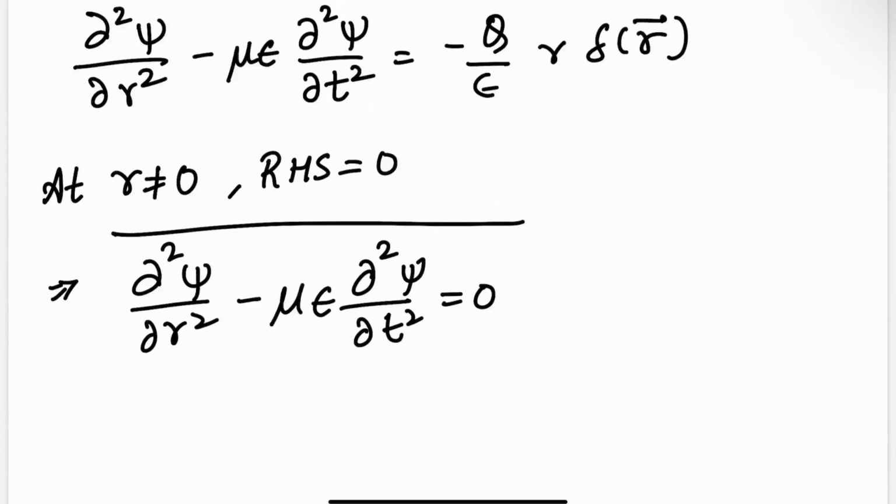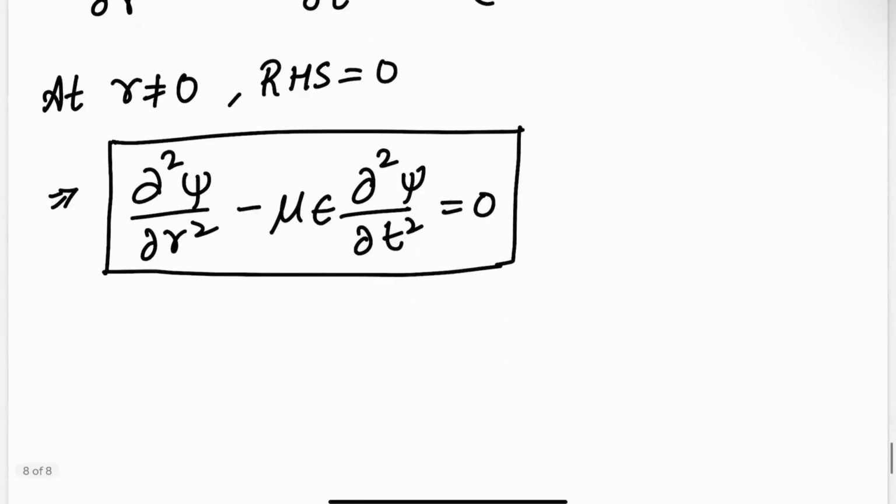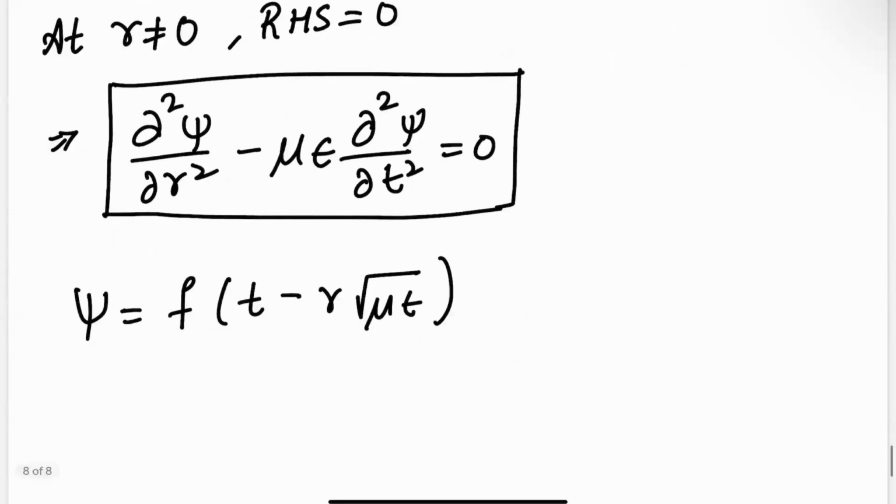Okay, and this is the free space wave equation, which is well known, right? So the free space wave equation has a solution of this form, where psi is equal to f of t minus r square root of mu epsilon. Okay, so any function which has an argument like this satisfies this equation.